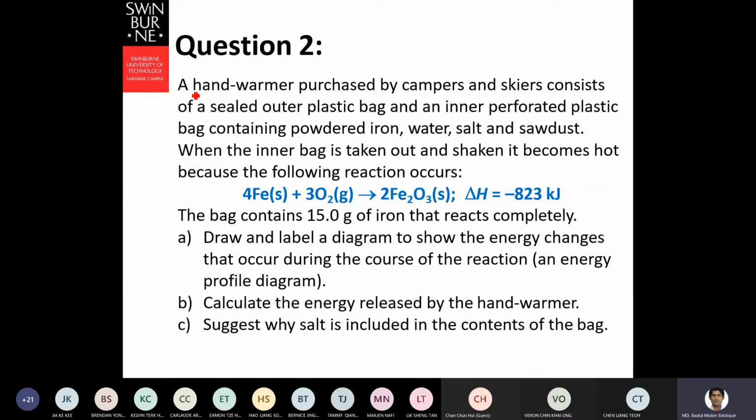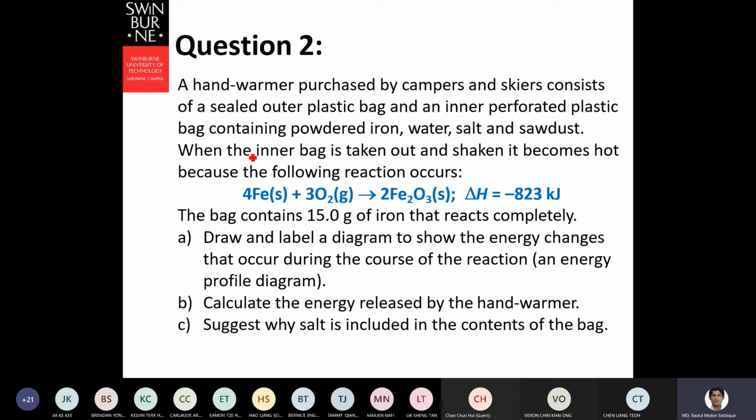No. Okay, so question number 2 is about a hand warmer purchased by campers, those who are in cold countries where they go skiing or do this type of sports. It is very cold there, so they need a hand warmer. What the pack looks like is given a few slides later.